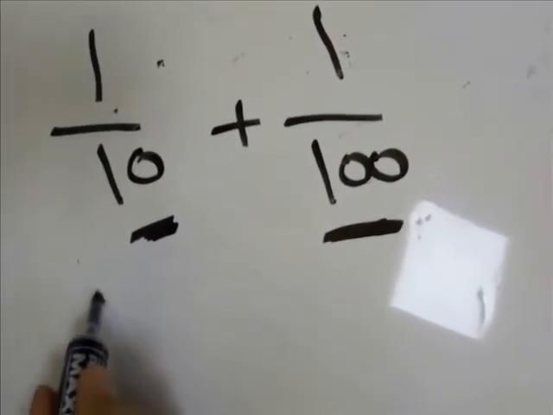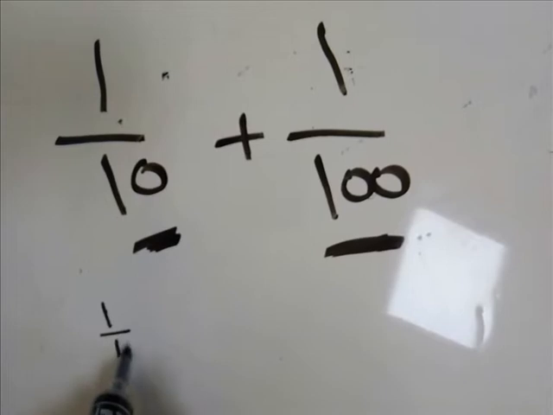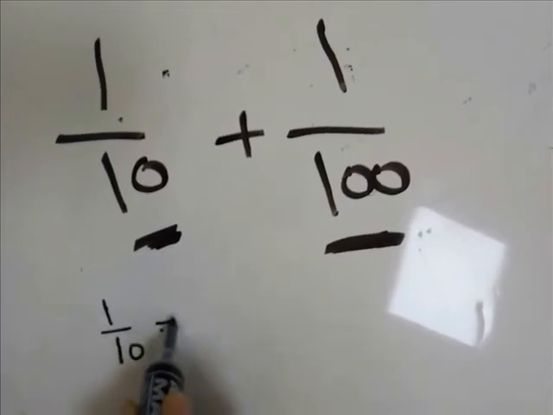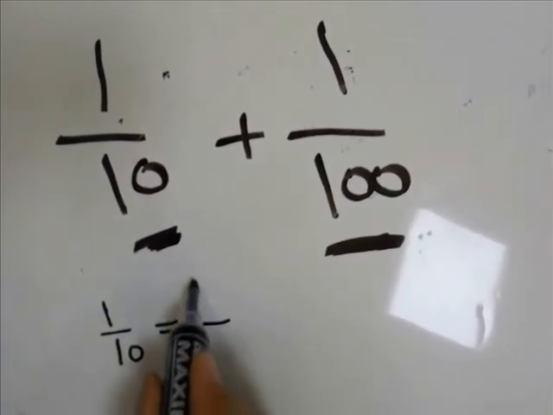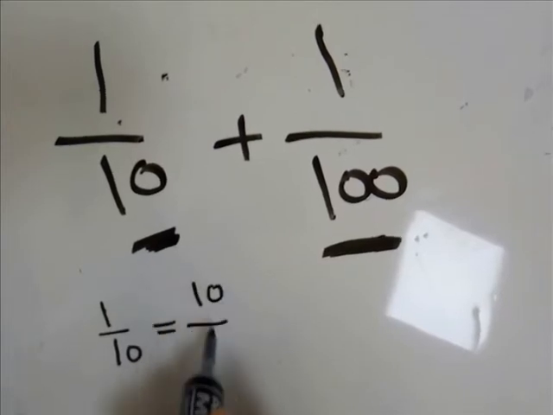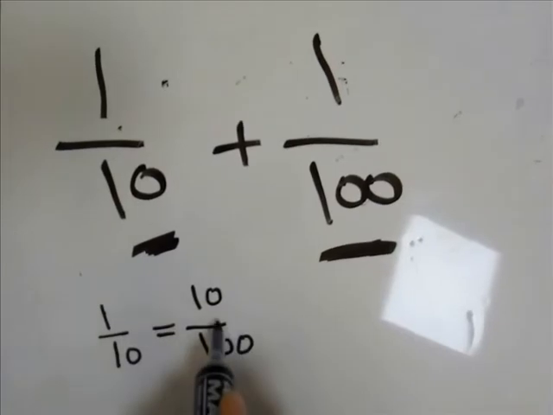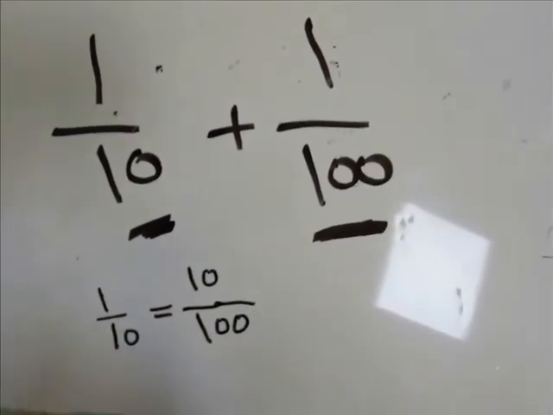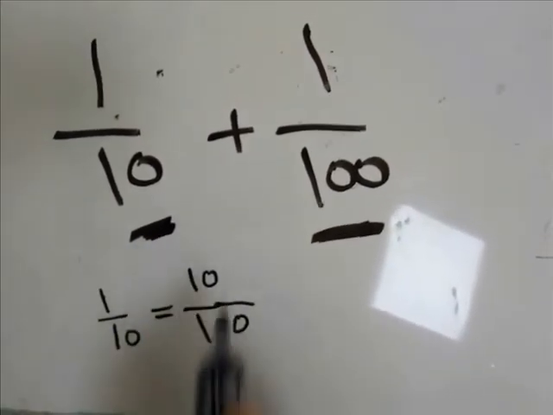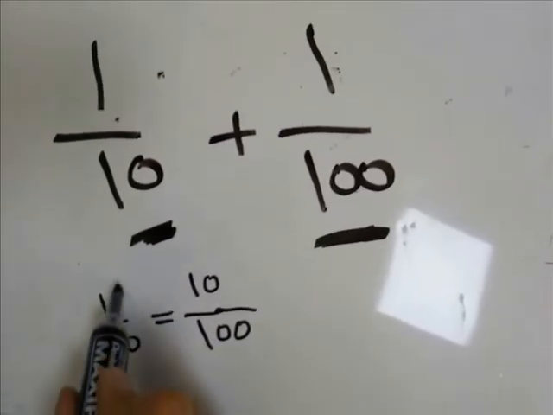Look at this. Do you remember that 1 over 10 is equivalent to 10 over 100? 1 over 10 equals 10 over 100. How does it work?